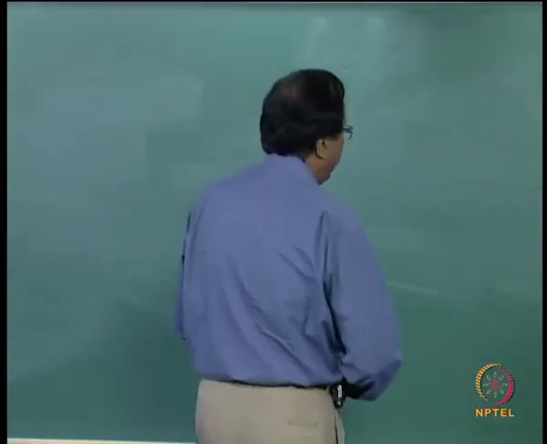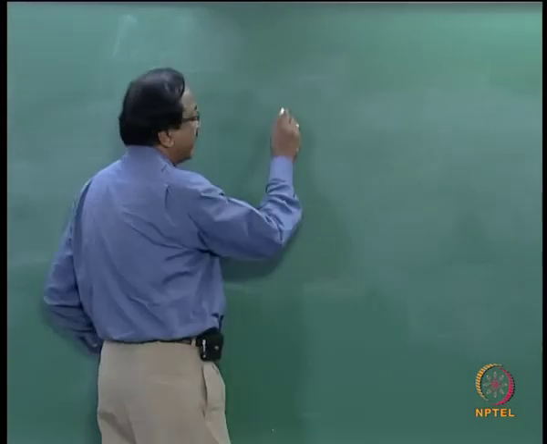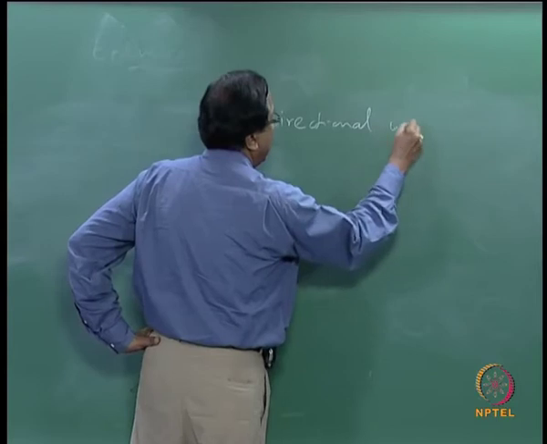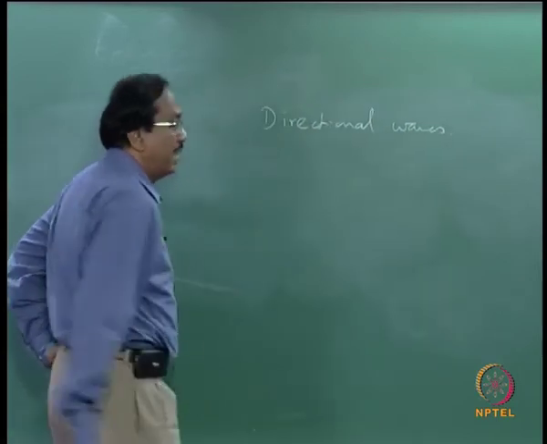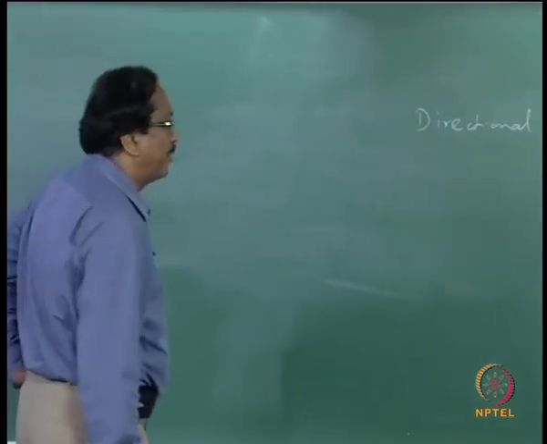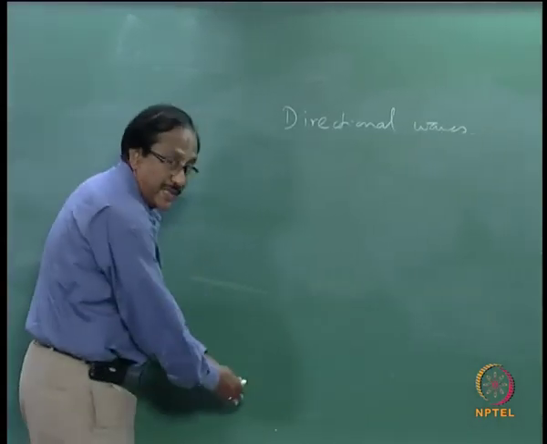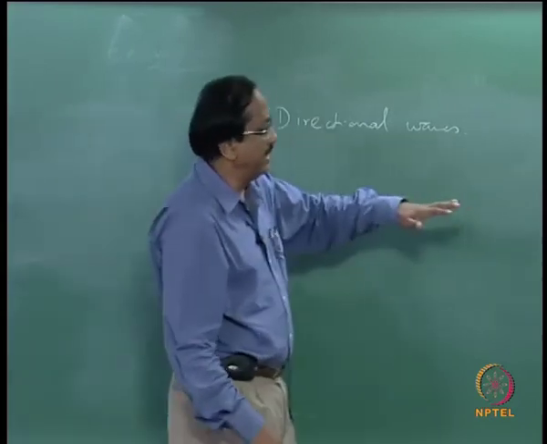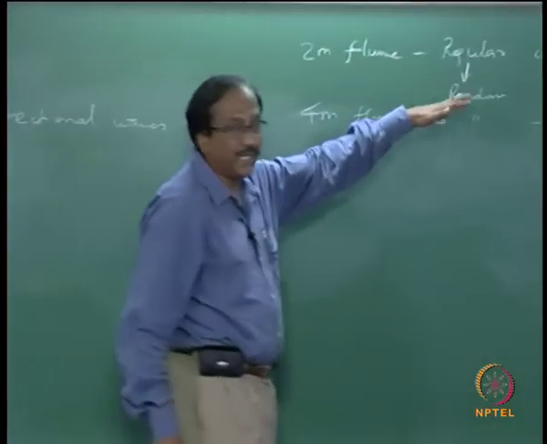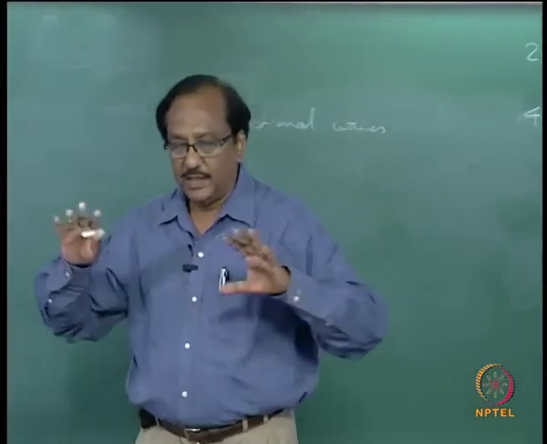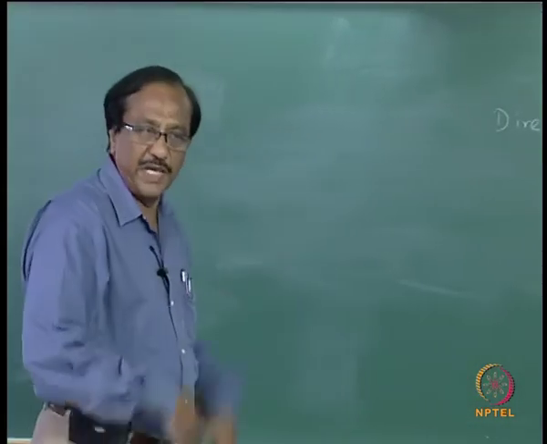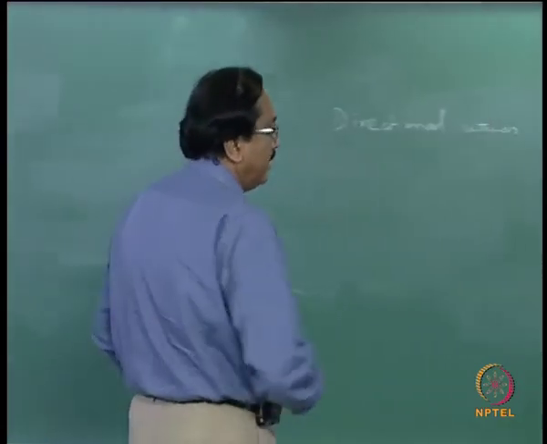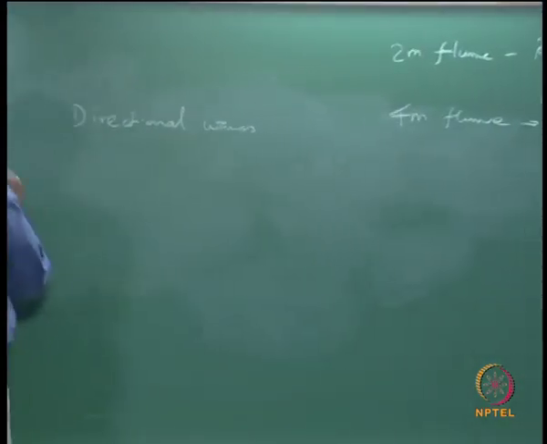So in that way we wanted directional waves and regular or random waves, but with a wide variation of water depth. Then we will achieve all that is required for a laboratory which can be called world class.